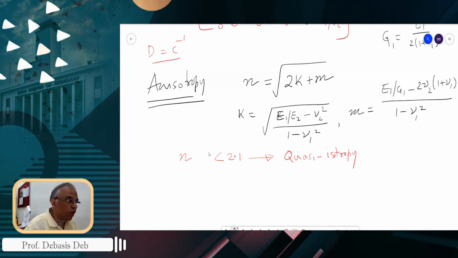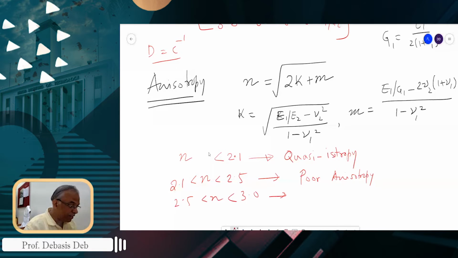If n is between 2.1 and 2.5, then we call it poor anisotropy. If it is between 2.5 and 3, then we call it moderate anisotropy, and if it is greater than 3.0, this is definitely very strong anisotropy.